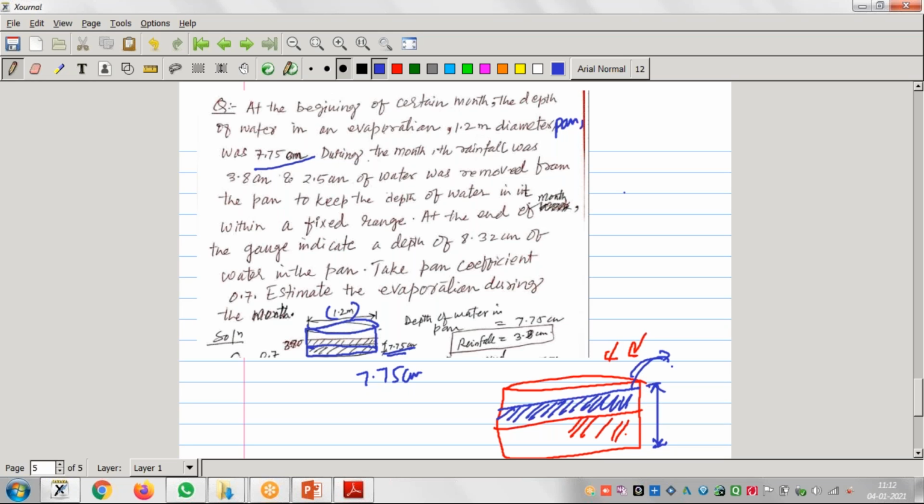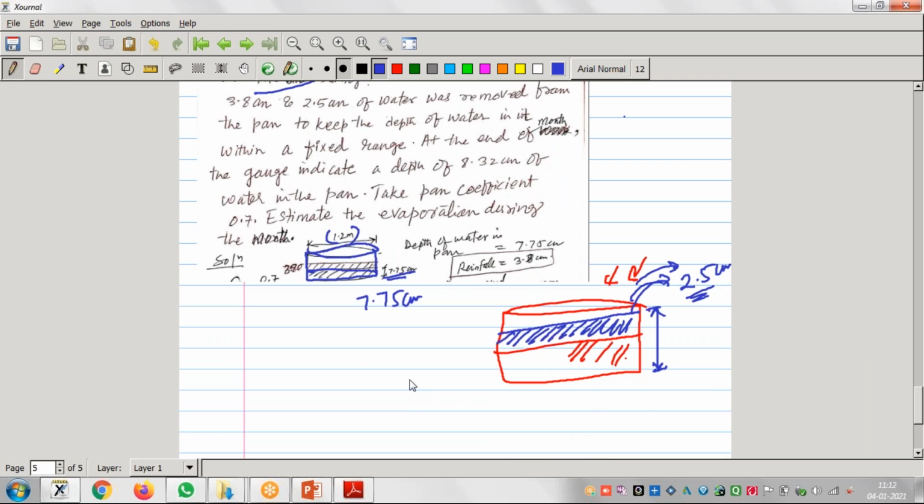To maintain that water, they removed 2.5 centimeter depth of water through this pan. At the end of the month, the gauge indicates a depth of 8.32 centimeter of water in the pan. So after the month end, the depth of water is 8.32 centimeter, right?